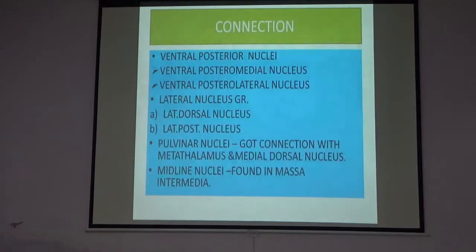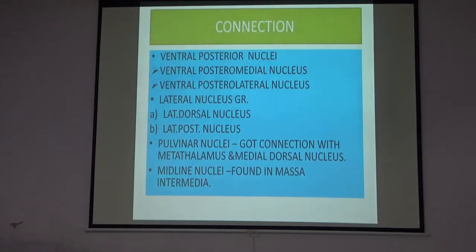This was the afferent and efferent of the ventral lateral nucleus. Then we have the ventral posterior nuclei. The ventral posterior nuclei have the ventral posteromedial, that is the VPM nucleus, and the ventral posterolateral nucleus, that is the VPL nucleus.